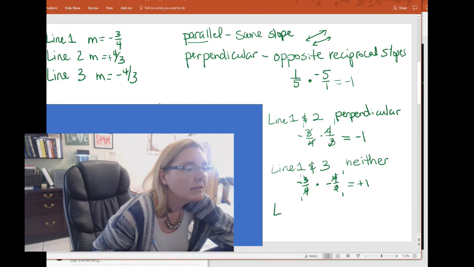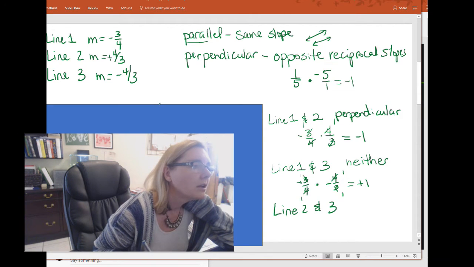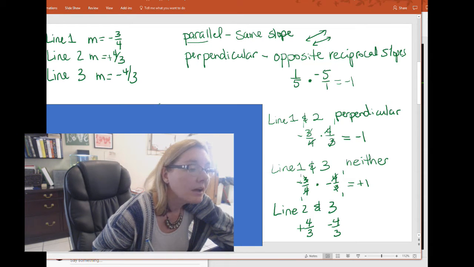And if we compared line 2 and line 3, line 2 is a +4/3 slope, and line 3 is a -4/3 slope. Obviously, they're not equal. They are opposites of each other, but not reciprocals.